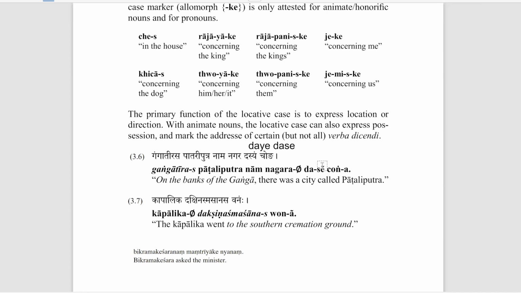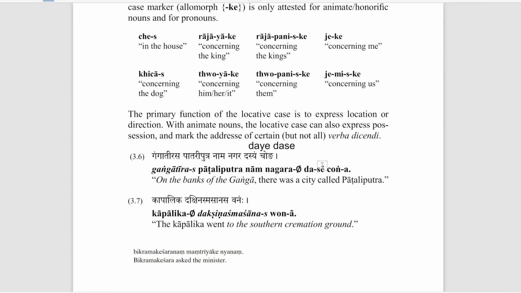And then we have this verb we've seen before. Yeah. Dasya. Chona. Yeah. So there was. Yeah, there existed. Yeah, exactly. So Ganga Tira, Ganga is the Ganges River, Tira is the bank, so the locative ending for an inanimate noun.